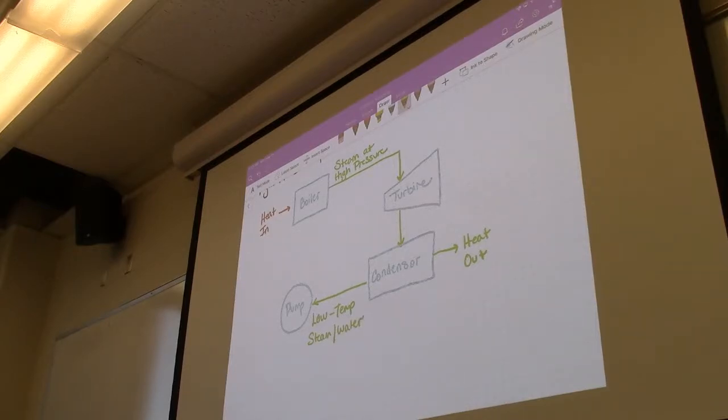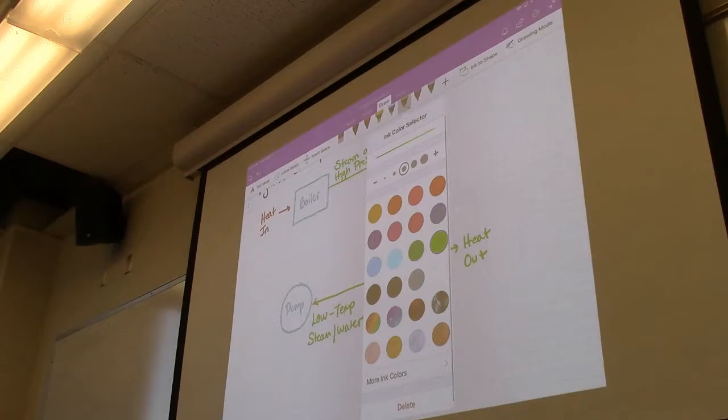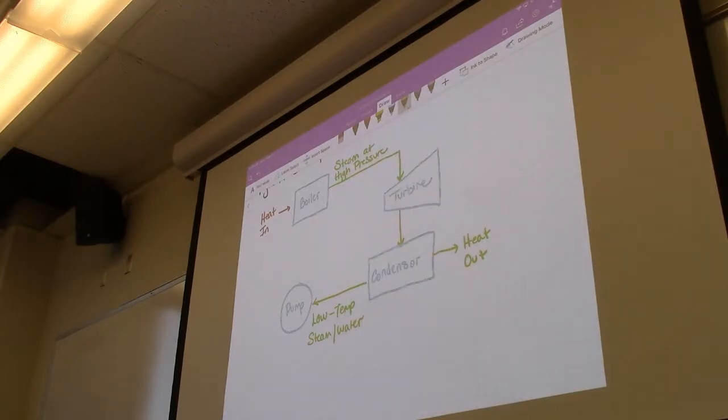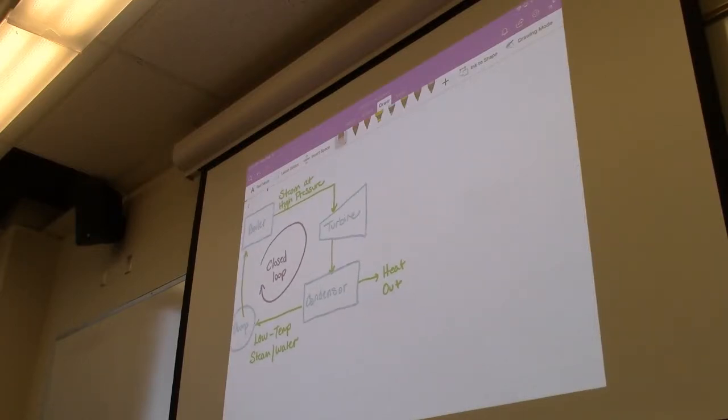And the pump is going to push the water back up into the boiler. Okay, and so this continues in continuous operation. Heat in, heat out. And so what can we potentially do with the heat out?